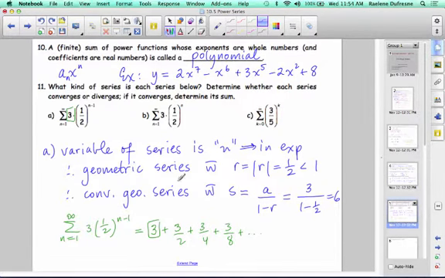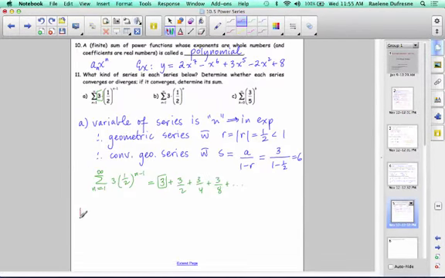However, I do want to point out, if we expand part B, that the sum from n equals 1 to infinity of 3 times 1/2 to the n is going to give 3 times 1/2 to the 1, which is 3 over 2, plus 3 times 1/2 squared, which is 3 over 4, plus dot dot dot.